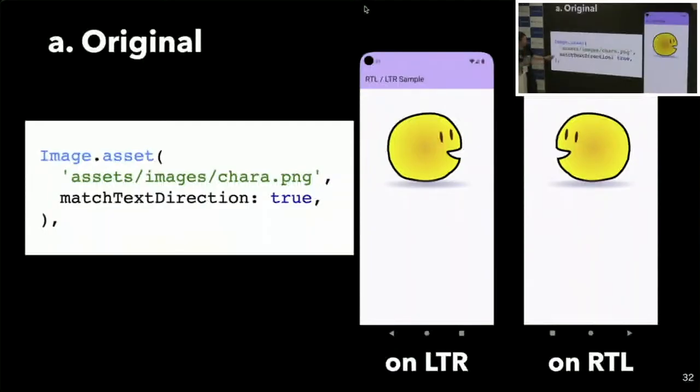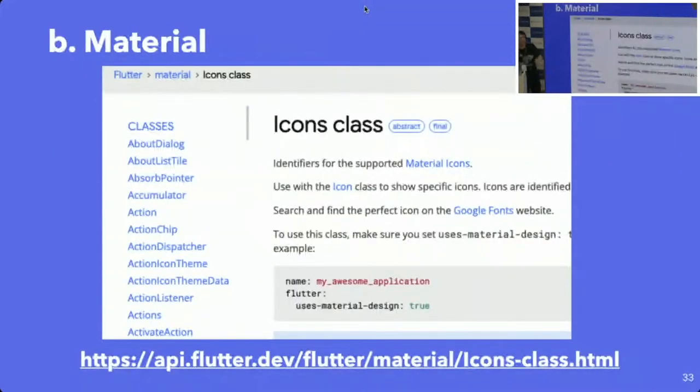By adding this property, match text direction true, we can easily implement this. When we launch this app on a left to right device, we can show it like this. On a right to left version, we can show it like this. It's the first step.